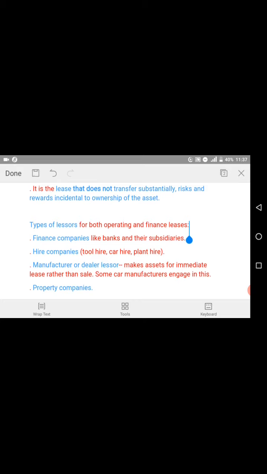That's the final part of the definition of the lease.